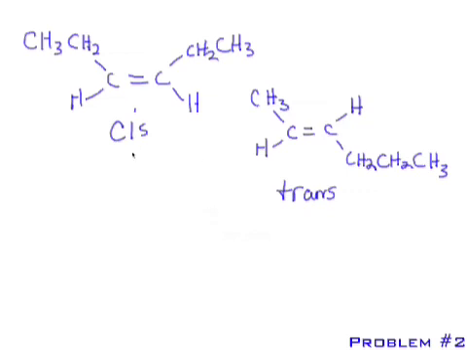And that's the question we have to check. We have to make sure that they're cis and trans of each other. And if we do the simple name, we've got 1, 2, 3, 4, 5, 6. This is a 6-carbon alkane, that's a hexane, with a double bond at carbon 3. This looks like hex-3-ene.